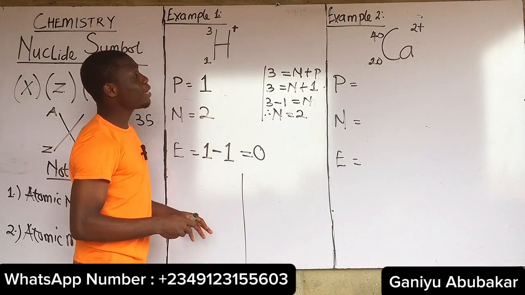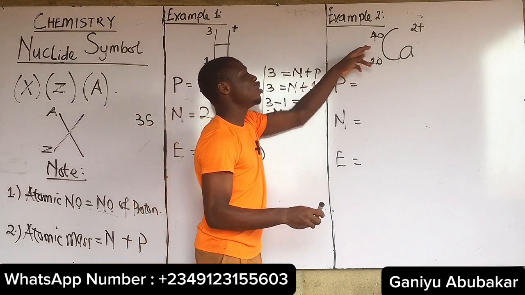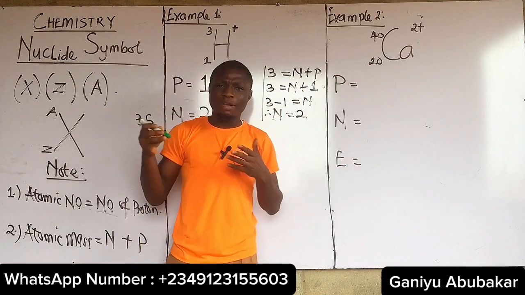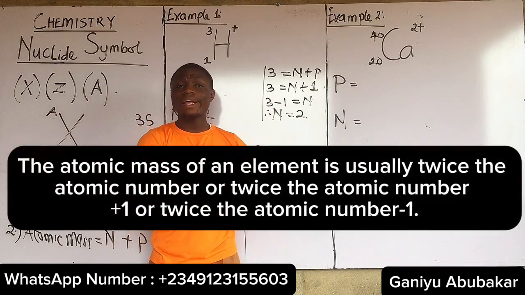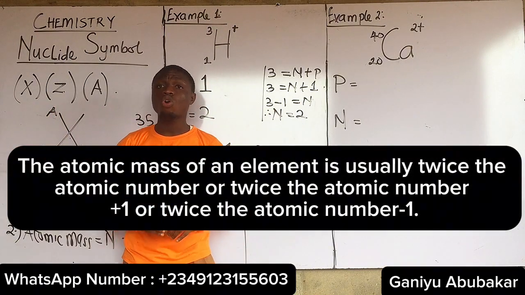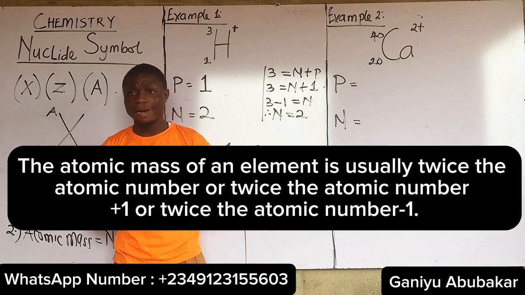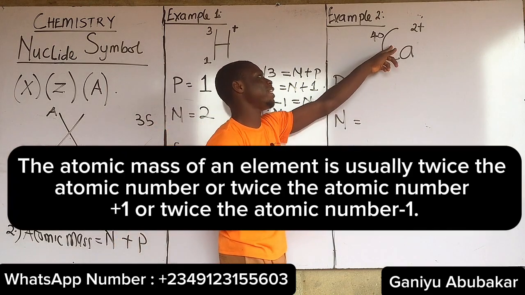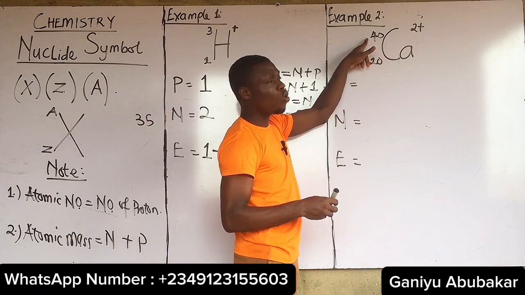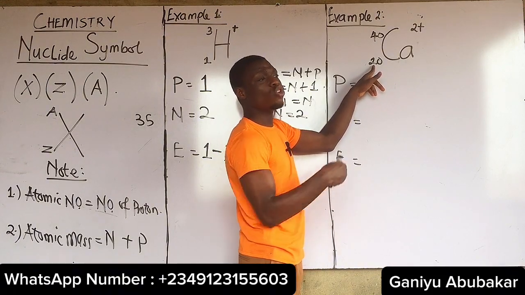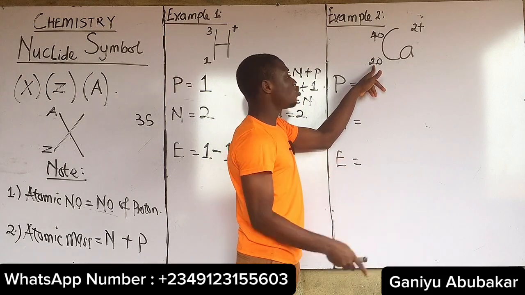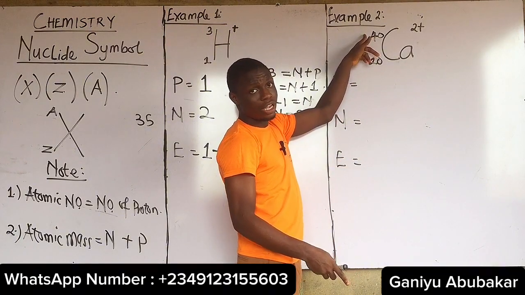The atomic mass of an element is twice the atomic number, or twice the atomic number plus 1, or twice the atomic number minus 1. For this case, why is it 40? Because my atomic number is 20, so the condition is twice the atomic number. 20 times 2 gives 40 as the mass number.